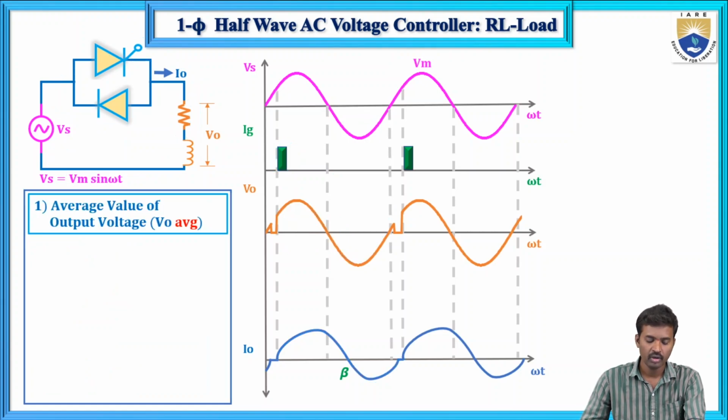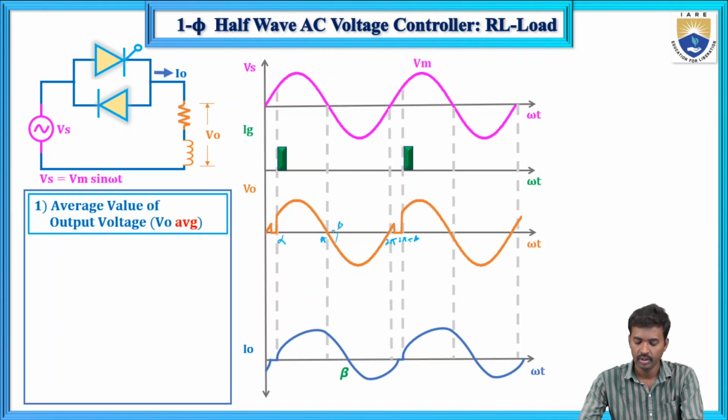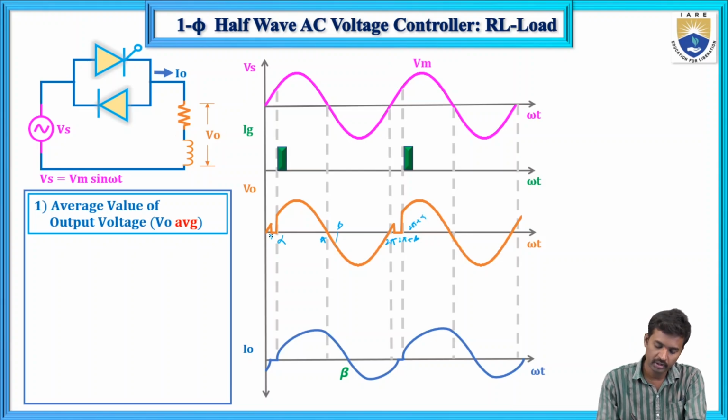Now what is the average value? This is alpha, this is pi, next is 2 pi, and then 2 pi plus alpha, and this is beta.